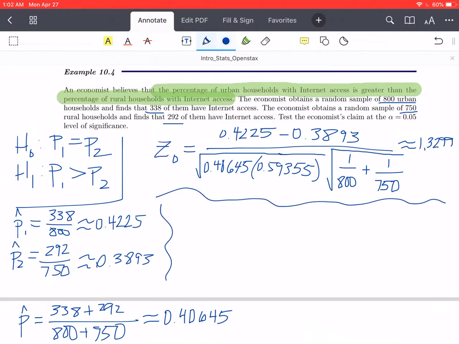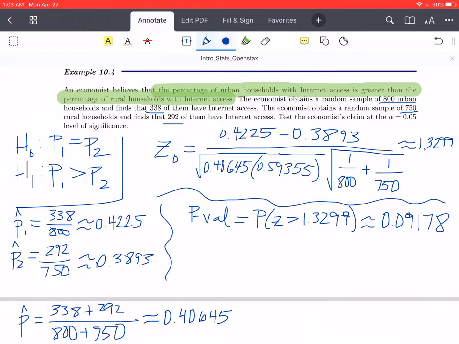Okay, so let's go ahead and find our p-value. This is a right-tailed test, again, because we have this greater than over here. So we have p-value equals the probability that z is greater than 1.3299. And that is, if we use our z-score, not the t distribution, we don't need degrees of freedom here, this is just the z-score, that's approximately equal to 0.09178.